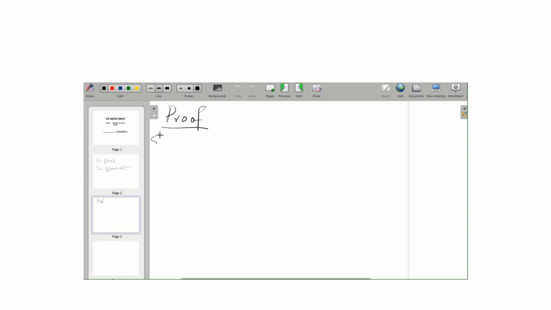So whenever you are proving, because we want the sum Sn, the sum of n terms, that would be term 1 plus term 2 plus term 3 and so on up until we get to the nth term.